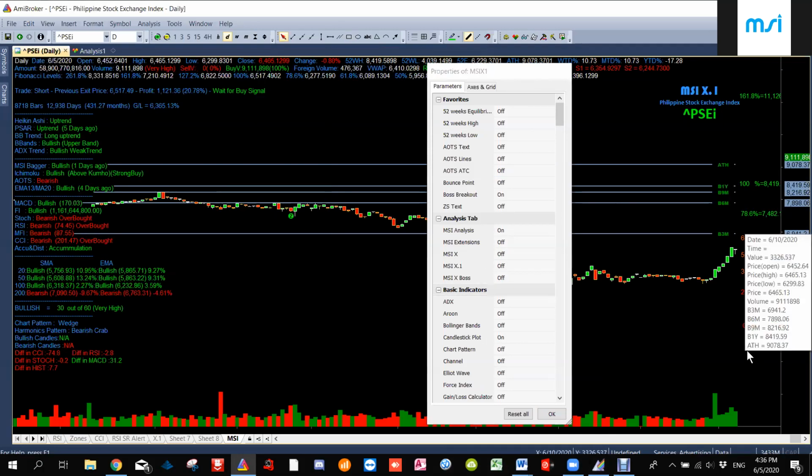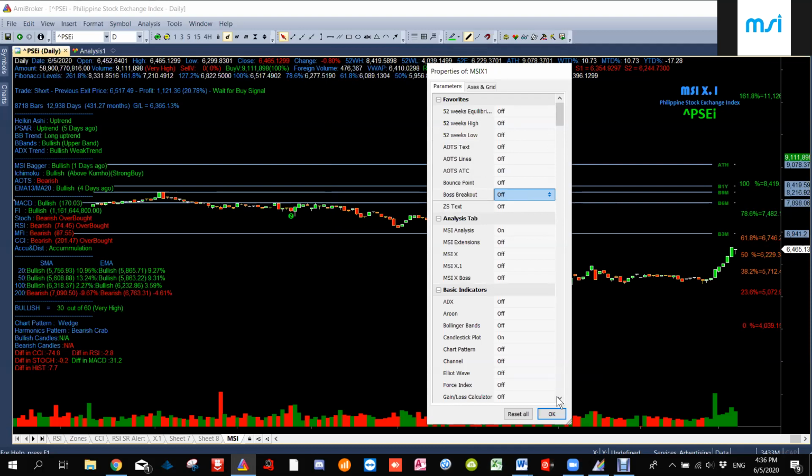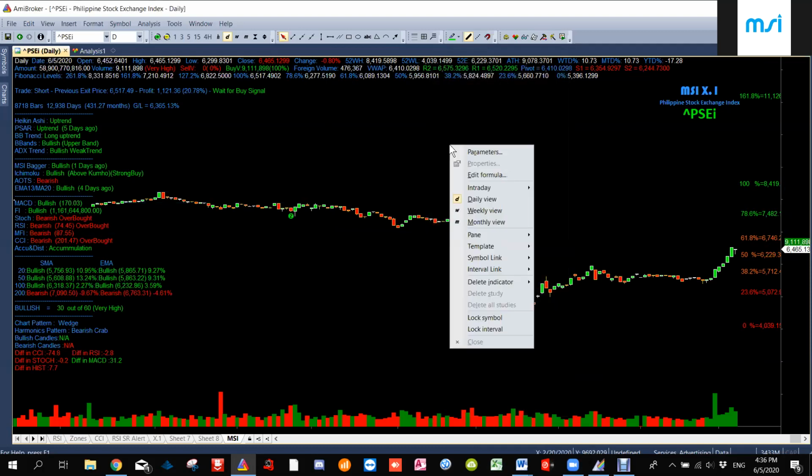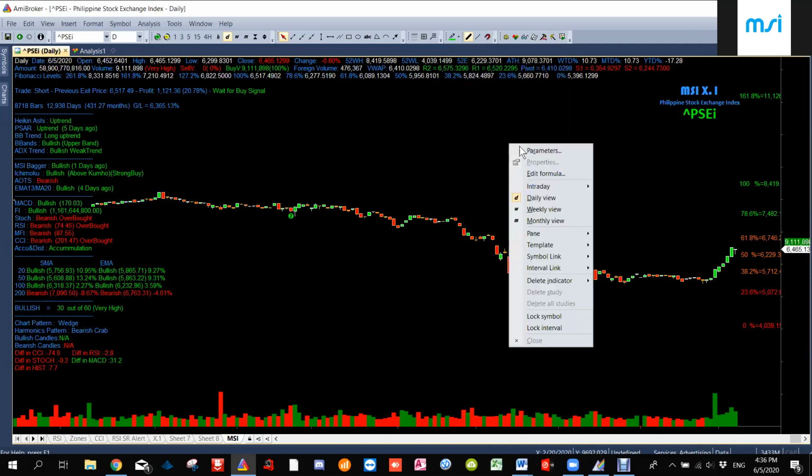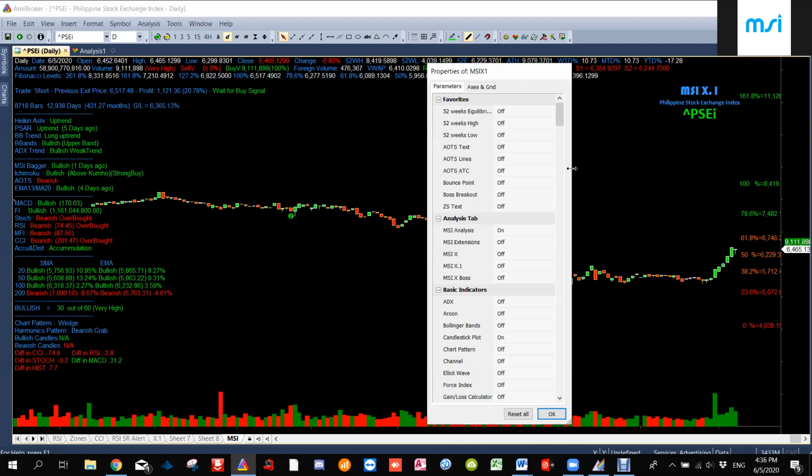Okay, so sa MSI, napakadami pa ng ating indicators na makikita nyo sa parameters. Okay, so how do you go to parameters is you right click anywhere in the screen and you click on parameters. Okay, so meron tayo dyan 52 weeks equilibrium.